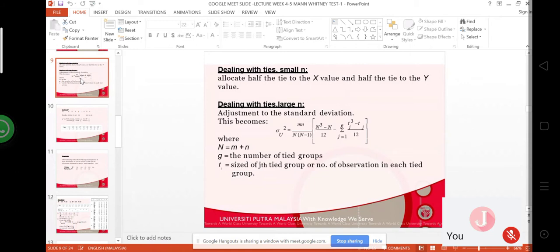Usually you have to remember that when the sample is large, we use normal approximation. For normal approximation, you need to find the mean and the variance.